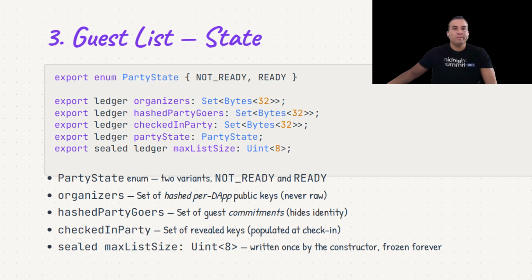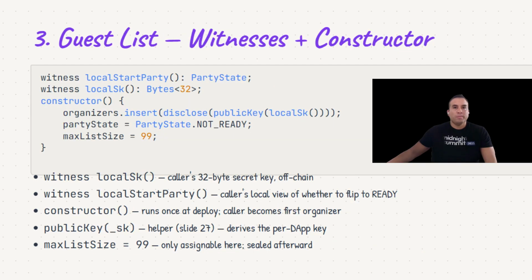And finally, seal ledger max list size, an 8-bit unsigned integer, so it can hold any number from 0 to 255. Because it's sealed, the constructor writes it exactly once, and then it's locked forever.